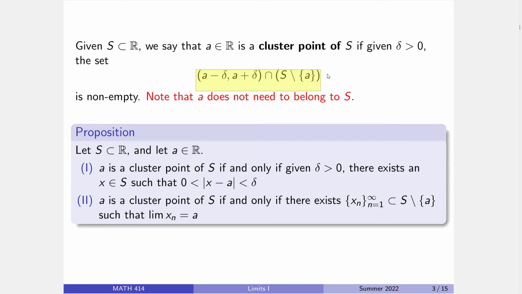Okay, so before we go further, a couple of things to unpack about that last statement. Our book calls these cluster points, so I'm going to stick with that. And I will also say this is absolutely not a standard name for this.